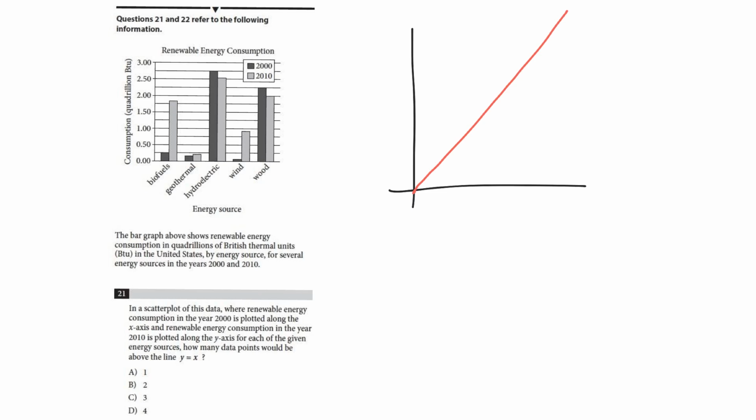And if we're graphing year 2000 on the x-axis and 2010 on the y-axis, then for every point on this line, x is equal to y.